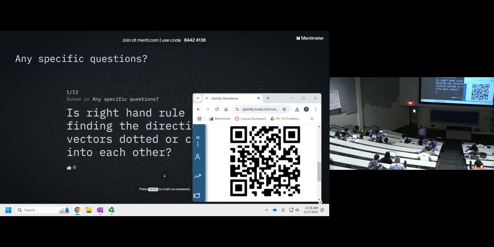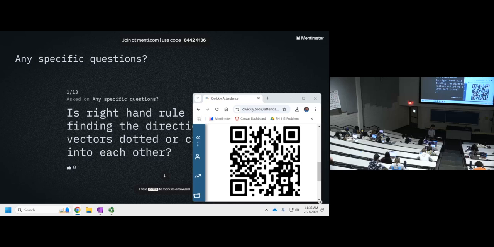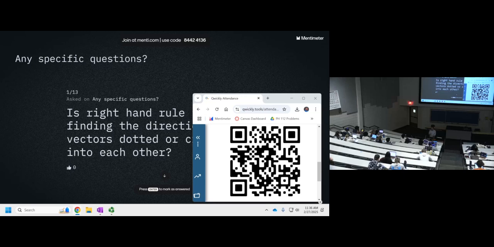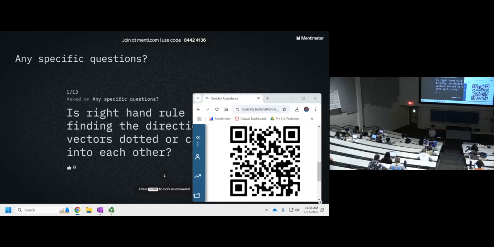The right-hand rule, just for finding direction of two vectors, not dotted into each other, but crossed into each other. The right-hand rule is for when you take the cross product between two vectors. It's also good for figuring out, well, this is still based on a cross product, but if you orient x and y in any direction, then take x and cross it into y, and it'll tell you the direction of z on a standard Cartesian grid.